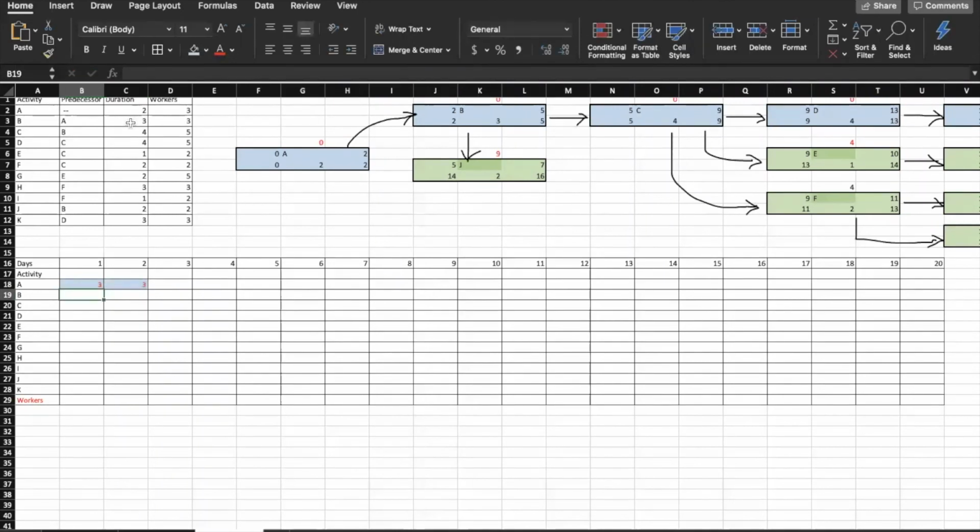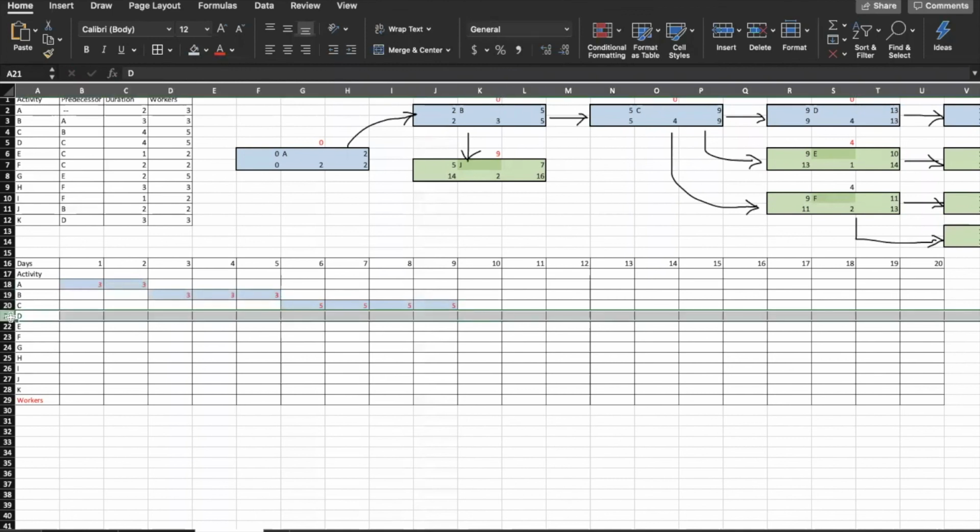For activity B, we started right after A and it takes 3 days. And it also takes 3 workers per day. For activity C, it starts right after B and it takes 4 days and 5 workers for each day.